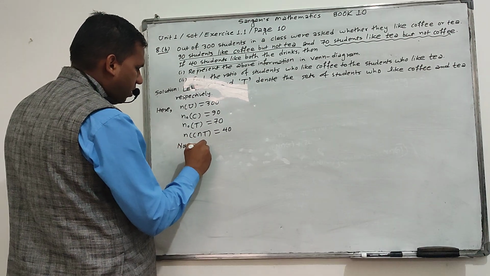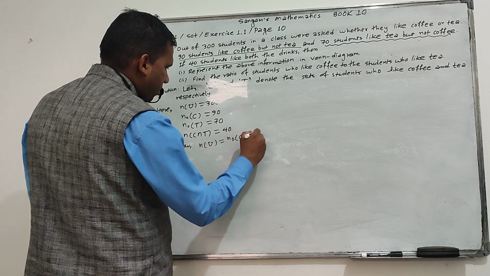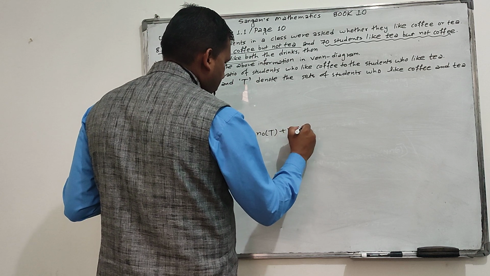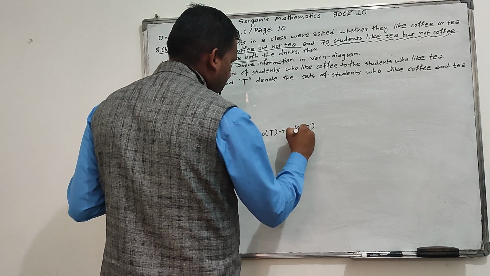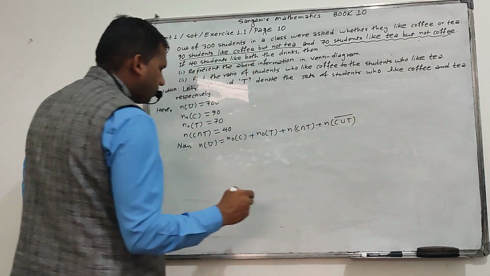Now we know the formula. Number of U equals coffee only plus tea only plus number of C intersection T plus number of C union T whole complement.